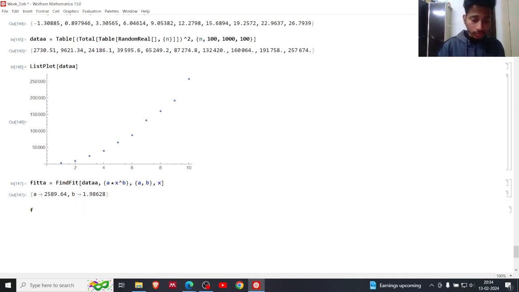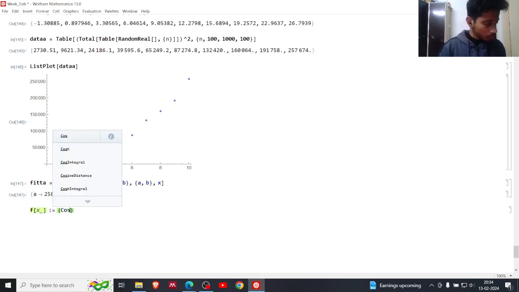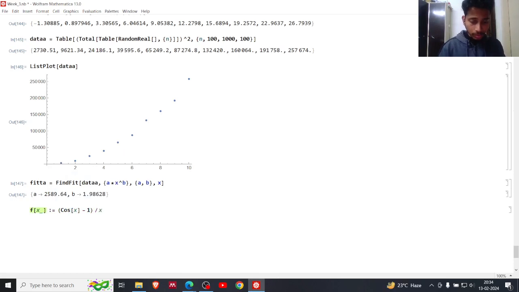Now again get back to the equation I taught at the beginning of the class. So f equals cos x minus 1 divided by x to the power x. We have 2.